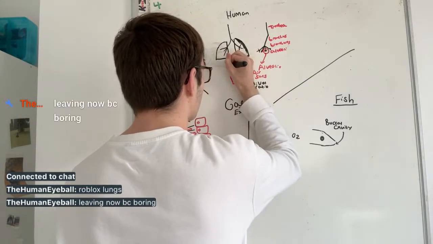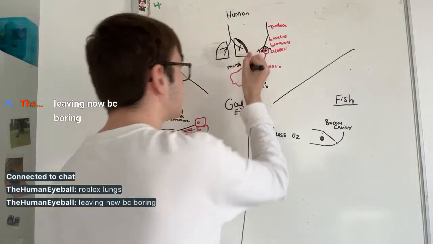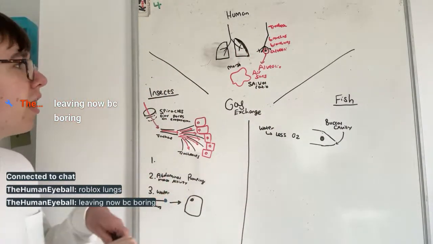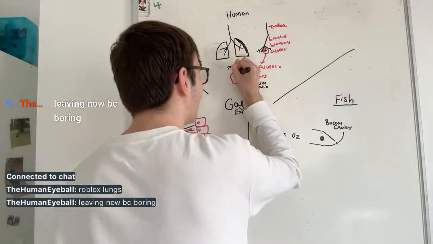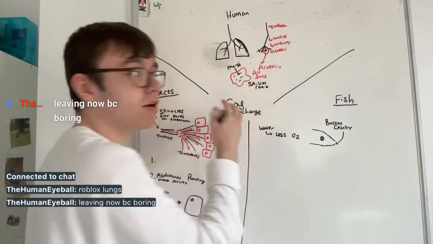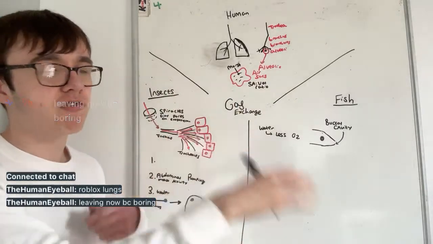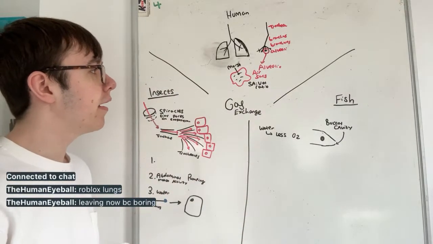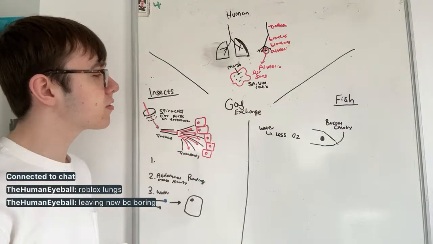They are typically moist to allow the oxygen to diffuse further in. I don't know how I would draw that, but they are moist so that the oxygen can be absorbed into the moisture quicker. I don't really recall anything else.